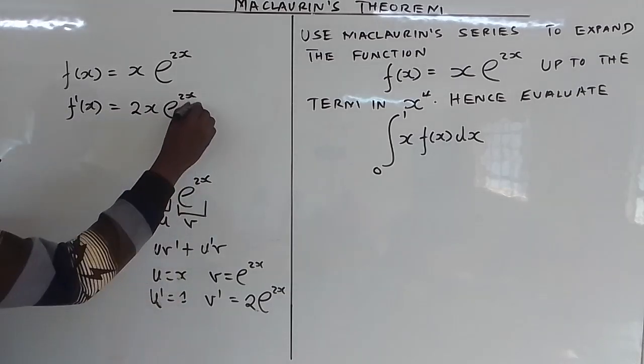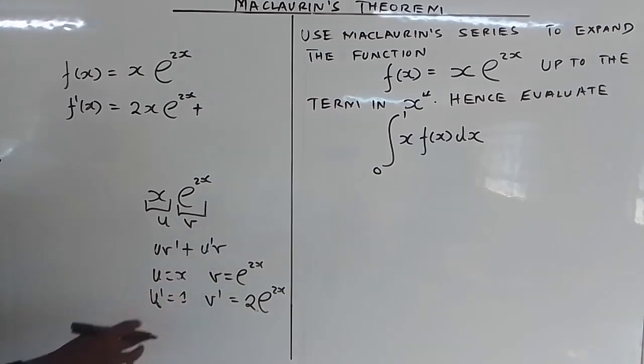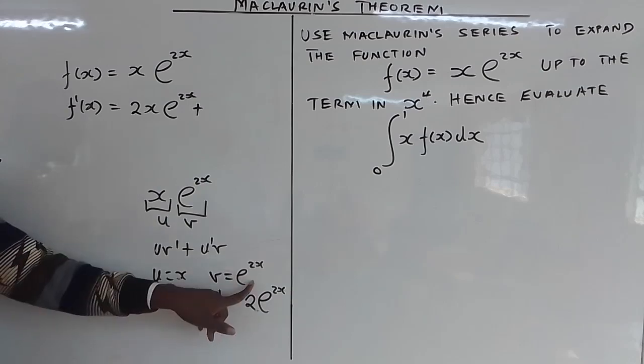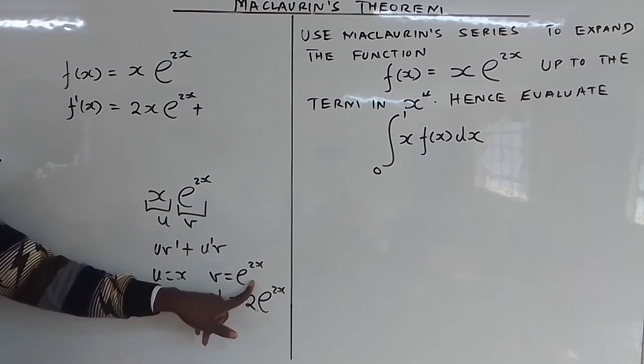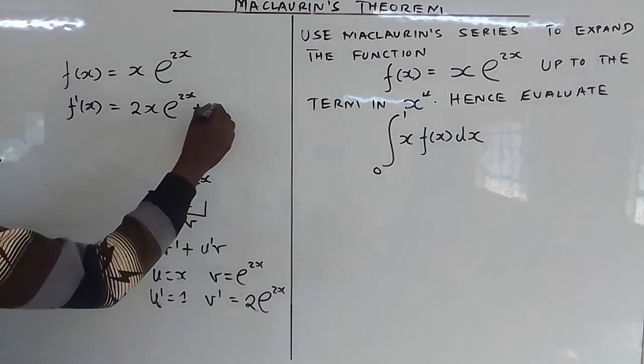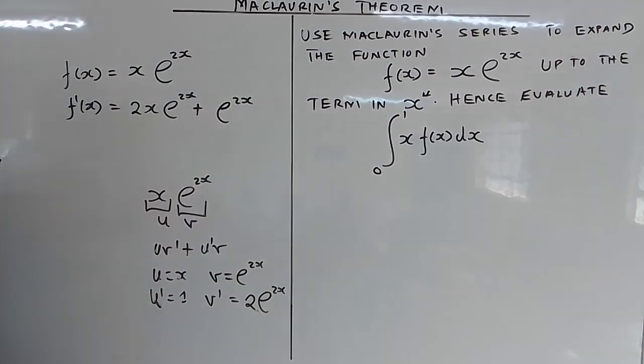Then plus v u prime, u prime is 1 times v, so it is just plus exponential 2x.